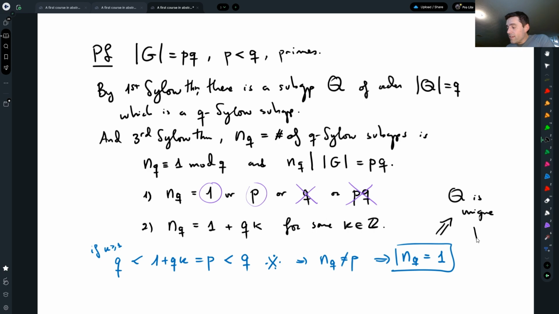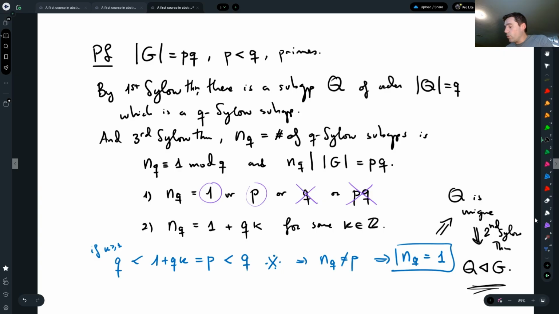And then the second Sylow theorem tells me that Q actually has to be normal in G, because remember that all the Q Sylow subgroups are conjugates to each other. So if there is only one, when I conjugate Q, I have to get Q back, and therefore Q is normal in G. So that is a consequence of it.